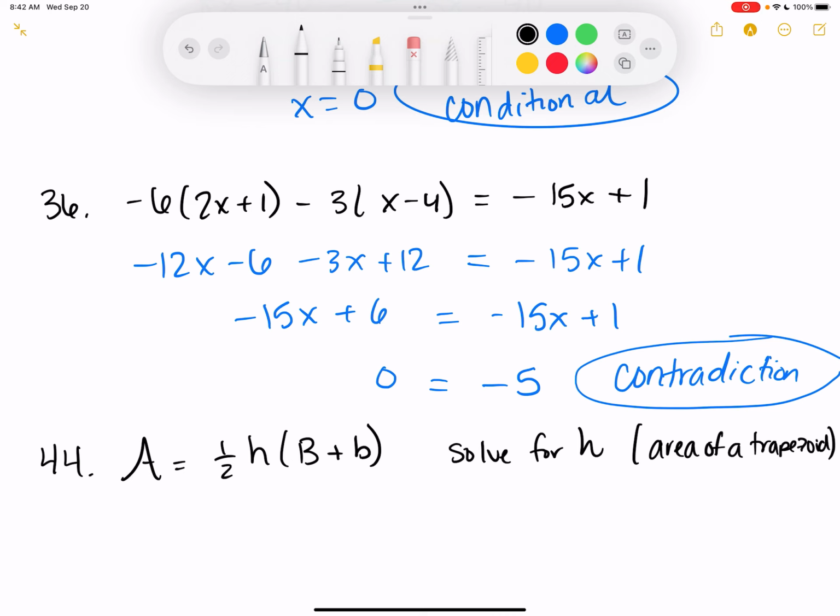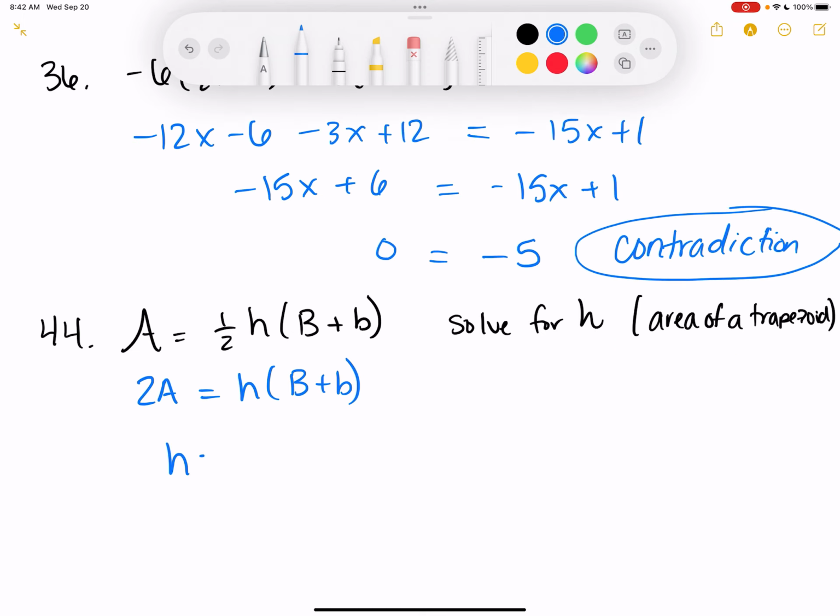To undo the 1/2, I would multiply by 2. So I would have 2A is equal to h times (B plus b). To undo it being multiplied by the B plus b, I would divide by that. So h is going to be equal to 2A over (B plus b).